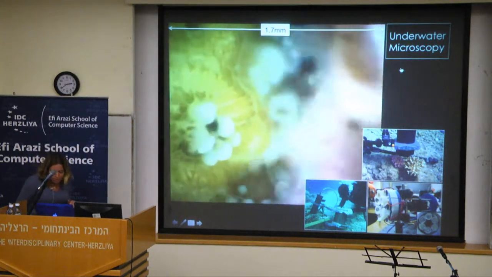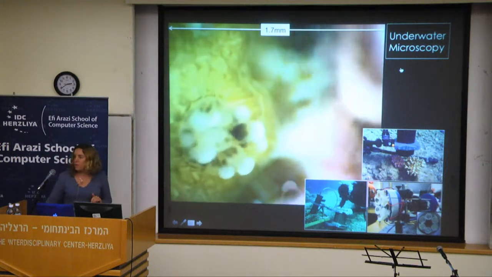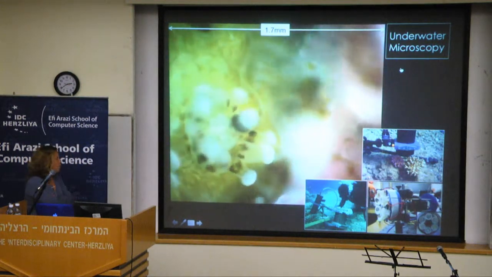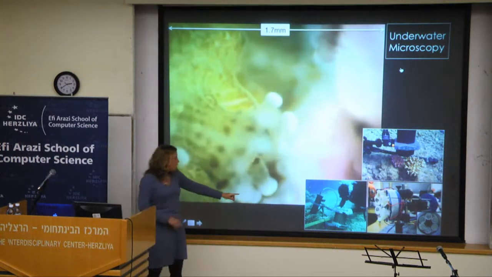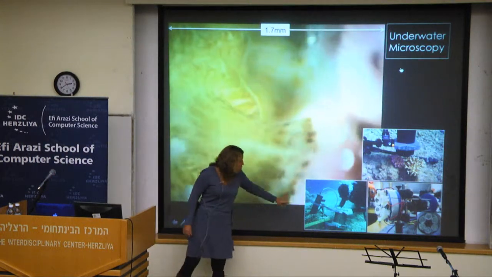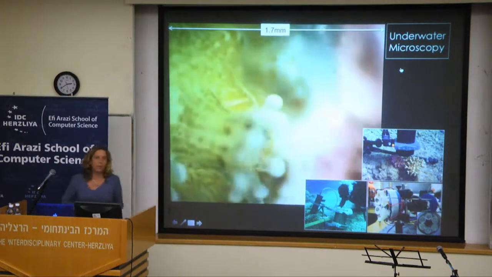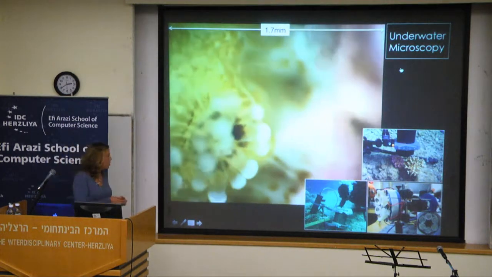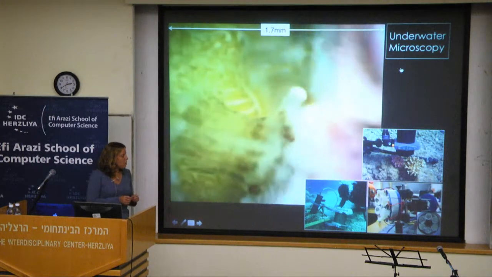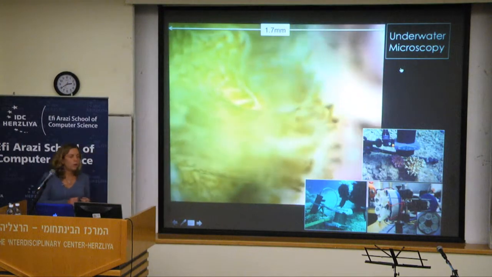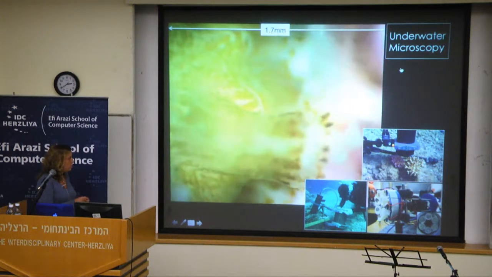So I think the movie is longer, but I have another minute or so, so we'll watch that. And just a few notes here. This is how the microscope looks when we are diving. We have a diver interface. We built everything by ourselves. And because we have the electronic lens, the diver can actually focus the microscope using the interface.